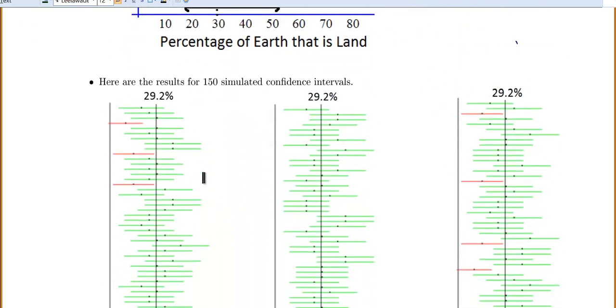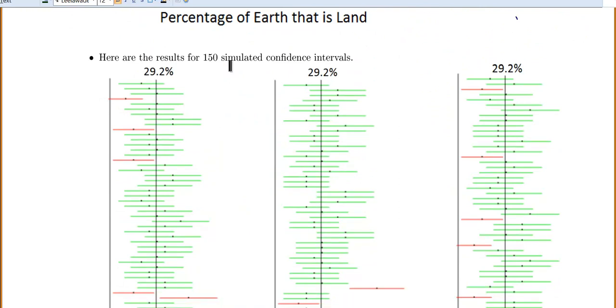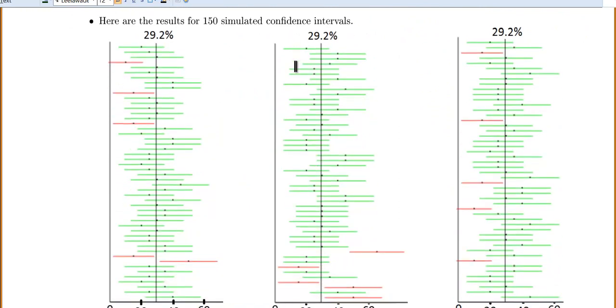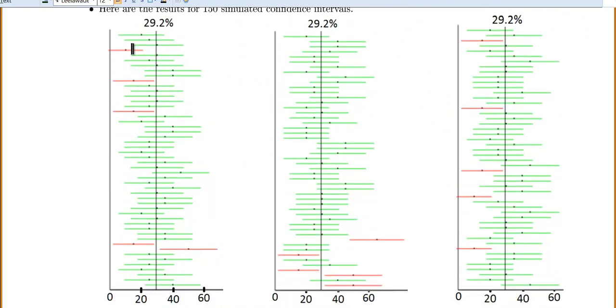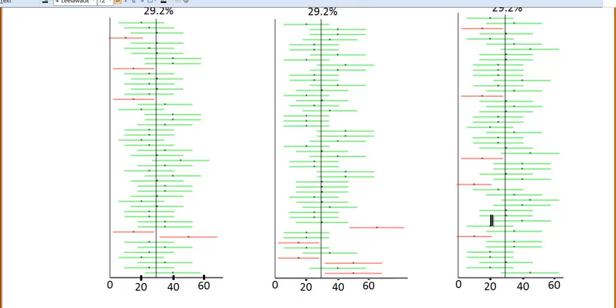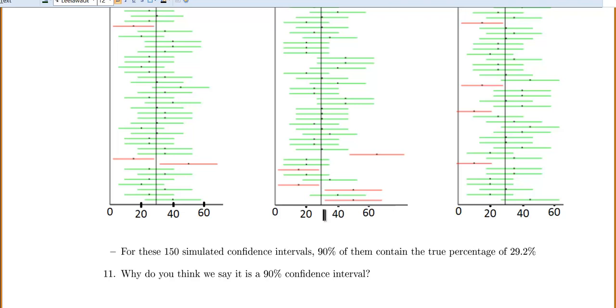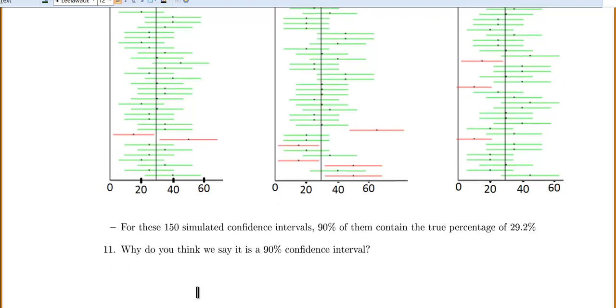So here's the results for 150 simulated confidence intervals. So you can see all of our confidence intervals. The red ones are the ones that don't contain the true value. And out of these 150 confidence intervals, 90% of them contain the true percentage of 29.2%. So, once again, why do you think we say that it's a 90% confidence interval?